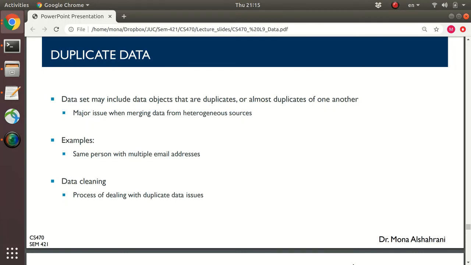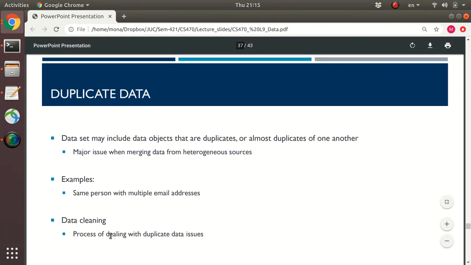In data cleaning, we deal with duplicated values by unifying the underlying objects that these values refer to. For example, we can unify the measurement units to be kg instead of pounds, or ounces or other types of units when we merge them from different heterogeneous data sources.